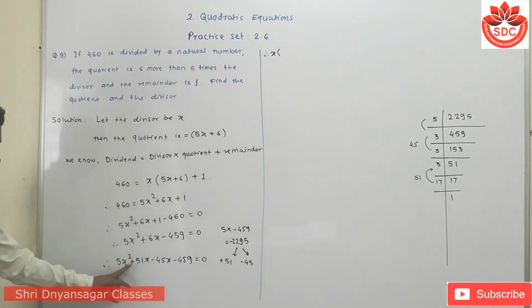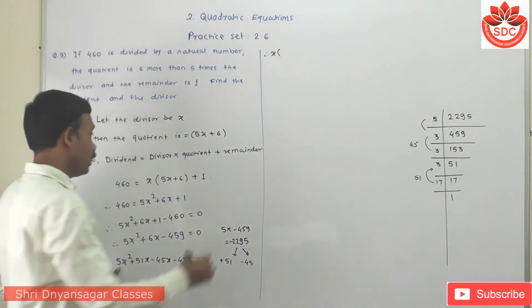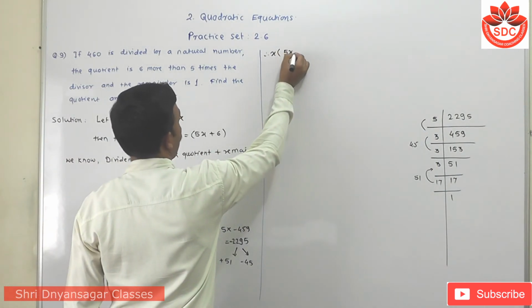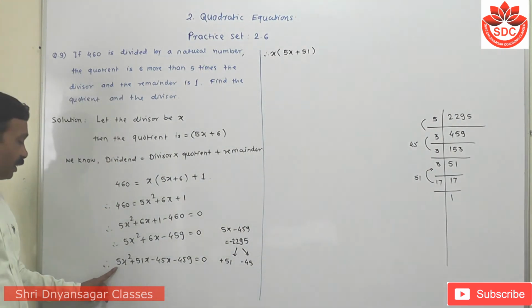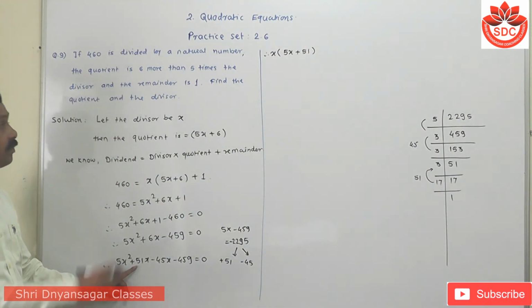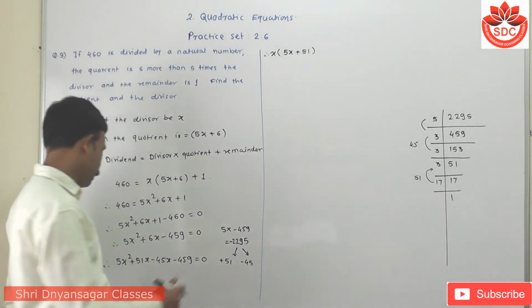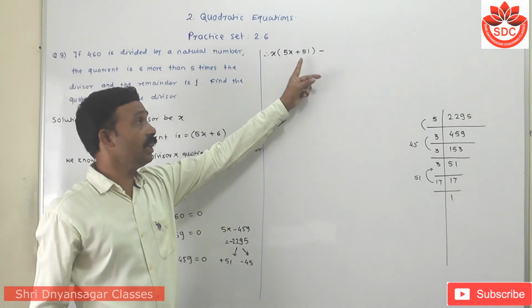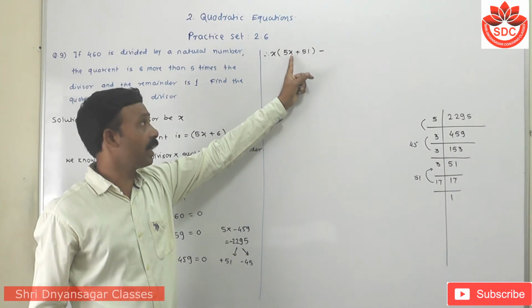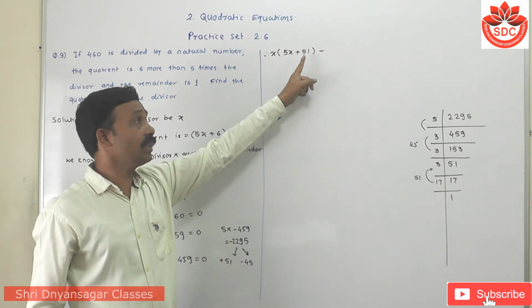Then we take x common in the bracket. Look carefully. When we take x common, we get 5x plus 51. When we multiply this x to the bracket, we get 5x square plus 51x. Then in the first bracket, 5x plus 51 is the common bracket, so the second is also 5x plus 51.